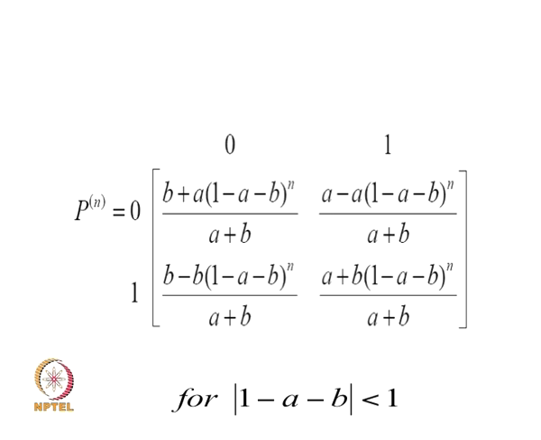As n tends to infinity, you can come to the conclusion that the probability that the system will be in state 0 is b divided by a plus b, and similarly the probability that the system will be in state 1 as n tends to infinity is a divided by a plus b.